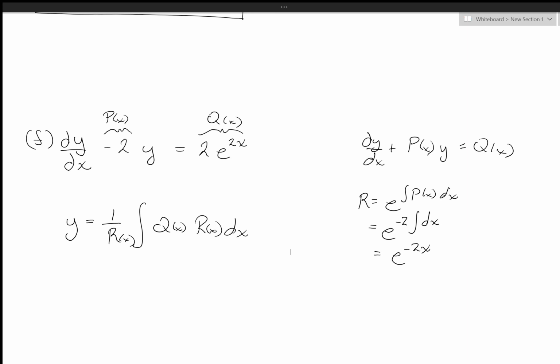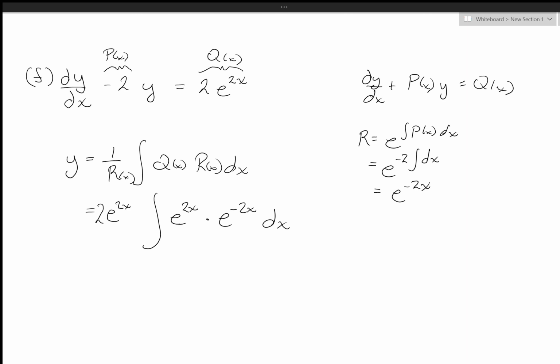Okay, so now let's plug things in. So 1 over e to the negative 2x is just e to the 2x. Okay, and then what we have is we have the integral of q of x. So I'll bring the 2 over here. So it becomes e to the 2x, so that's q of x, times r of x is e to the negative 2x dx. And so these two cancel, and I just have integral of dx, which is an indefinite integral, becomes x plus c.